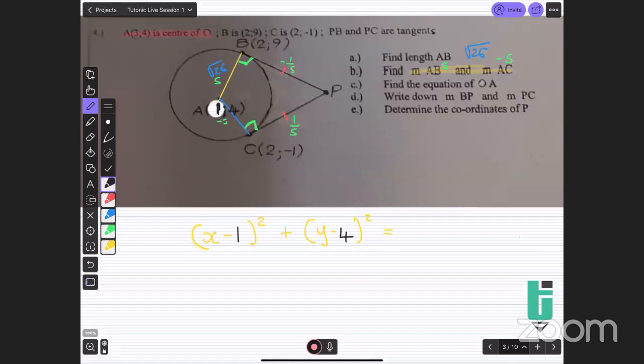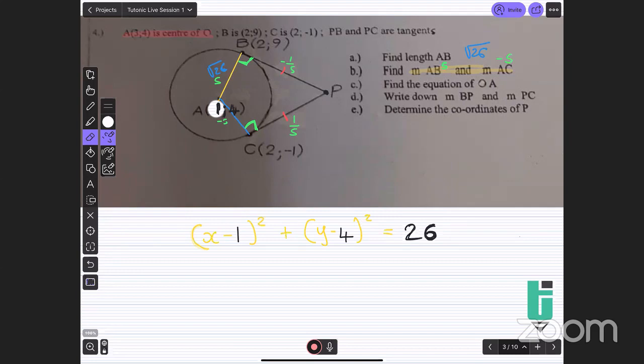Oh wait, that's the gradient. It will be 26, because we're going to take the root of 26 and square it. There we go. Do you guys understand that? Yes. Okay.